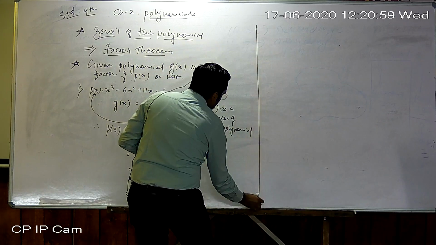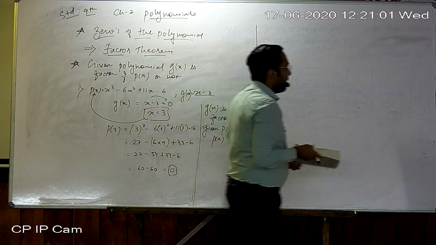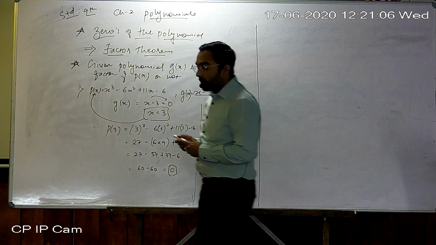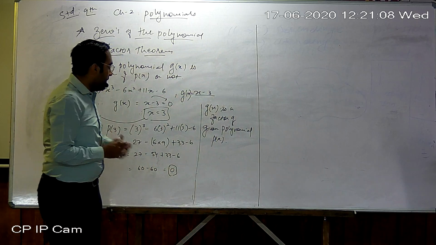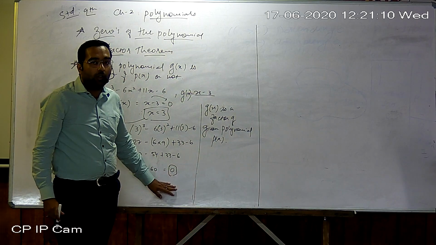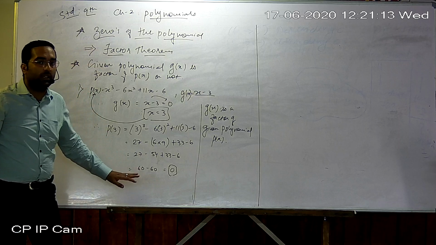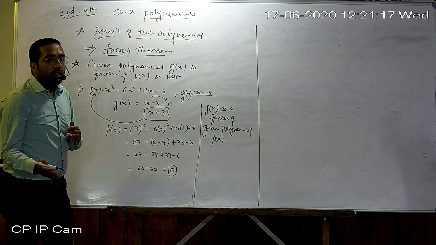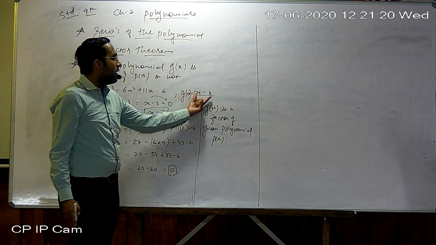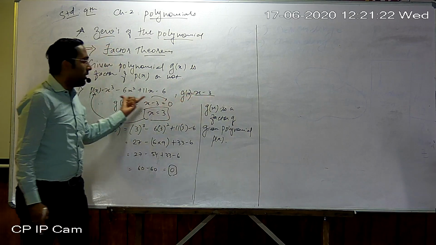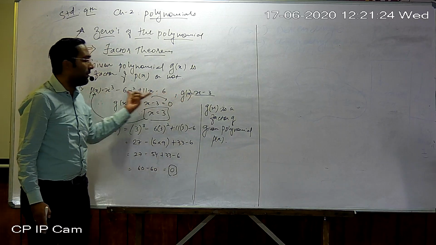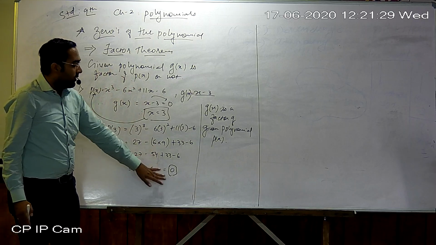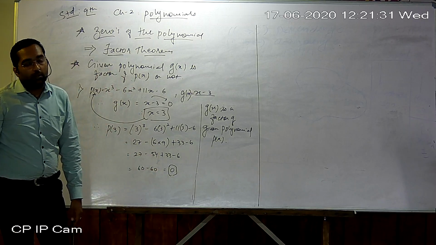Whenever we use the factor theorem, the remainder must be 0. Or whenever the question says that g of x is a factor of the given polynomial, then the remainder must be equal to 0.